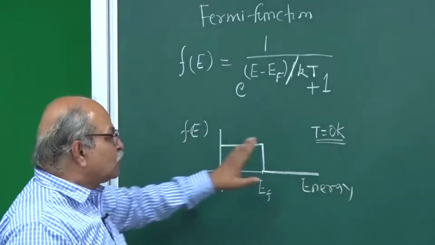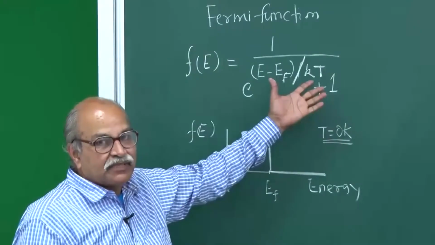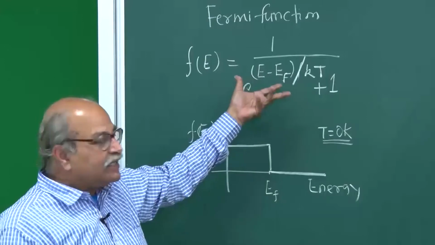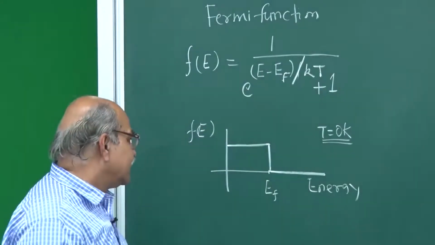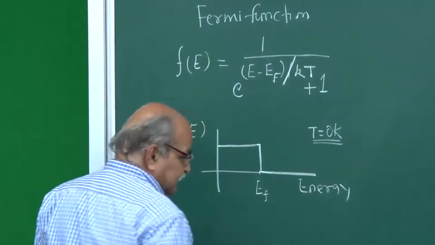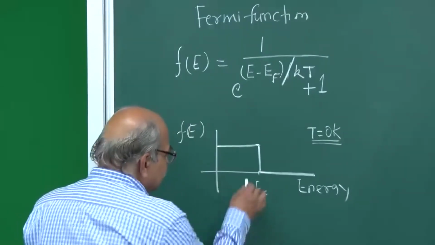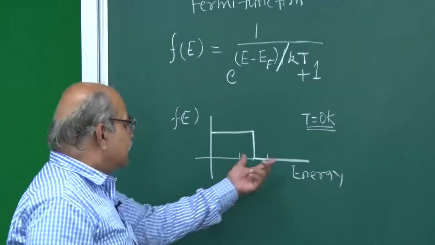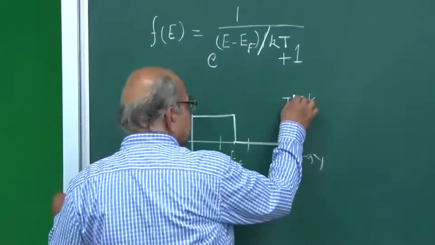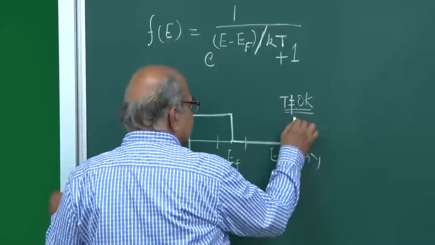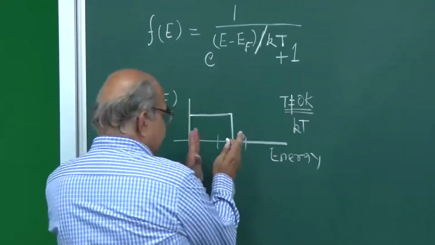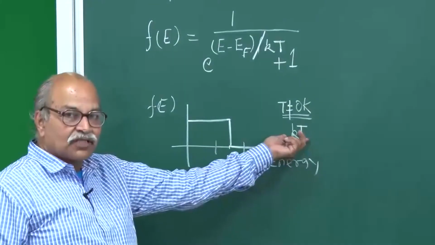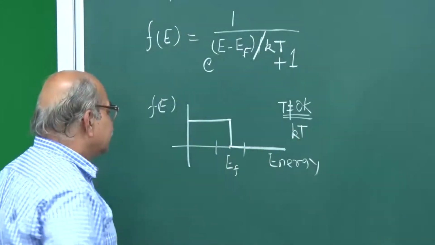What happens if you go to a higher temperature, some other temperature, 300 K, room temperature? Then this function is definitely changed, but the change is in a very small region close to this EF, say a few kTs. So if T is not equal to 0, you have to see how much kT is on this scale, and only in this order of energy width do things change.